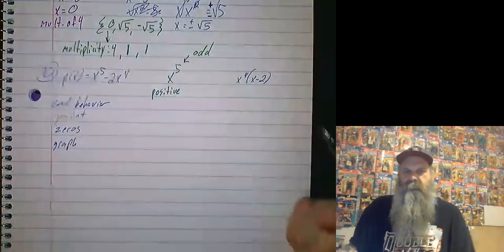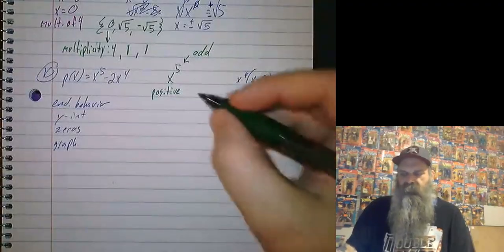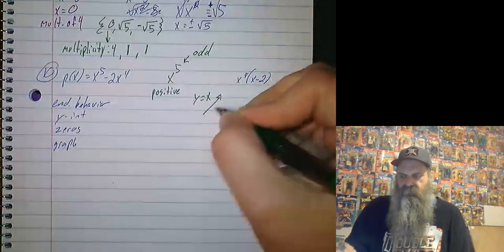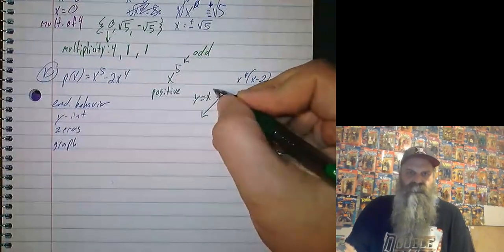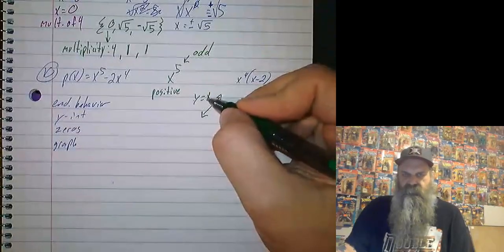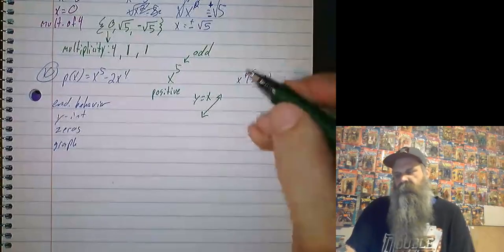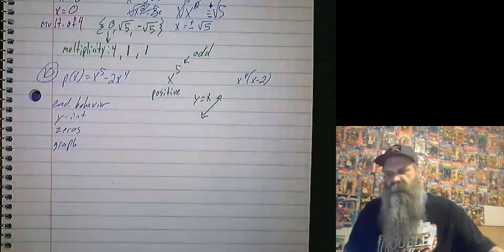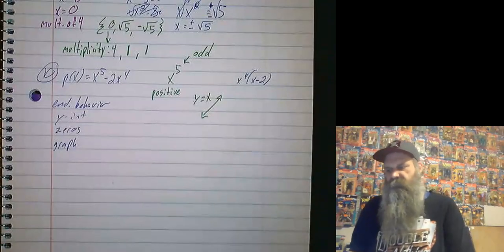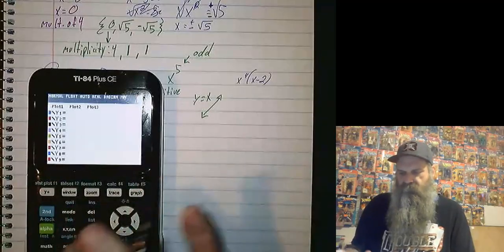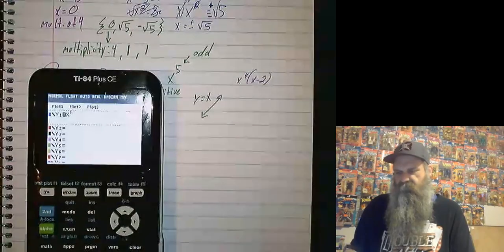And so what happens when your function is positive and odd? That's the same as y equals x, because that's like x to the 1st, which is odd, and then the coefficient is an implied 1, which is positive. So anything that has a positive coefficient and an odd exponent, here's x to the 5th.